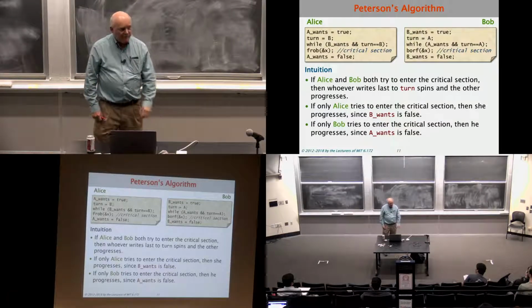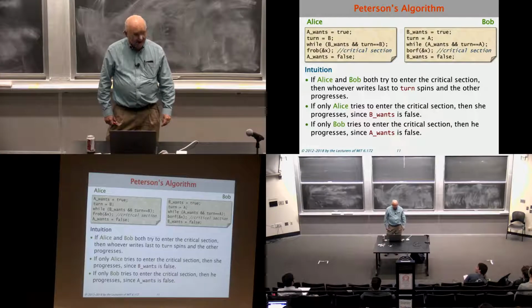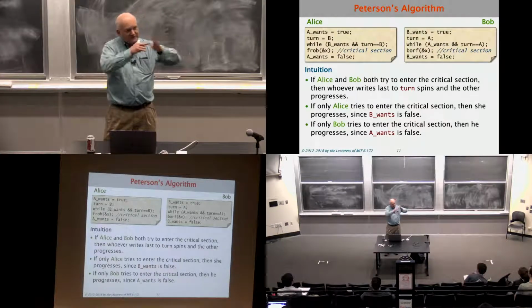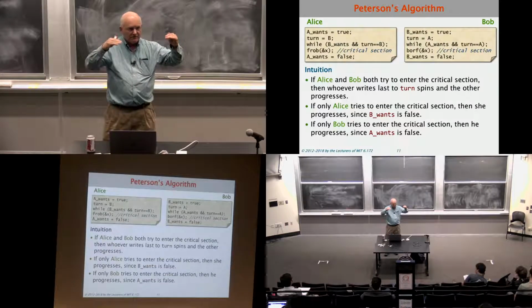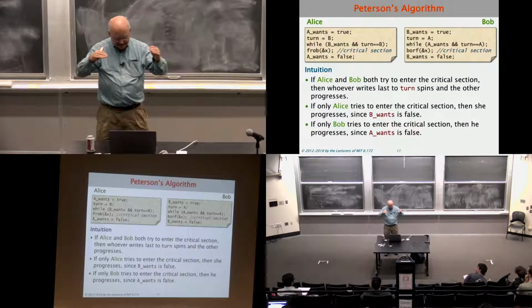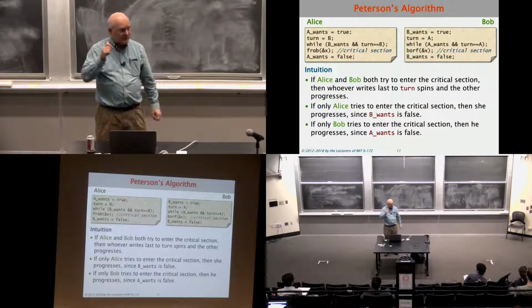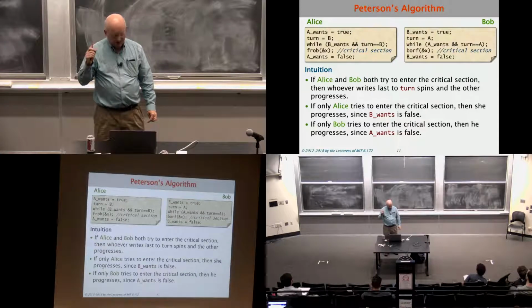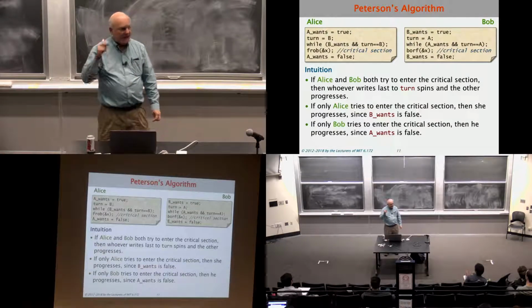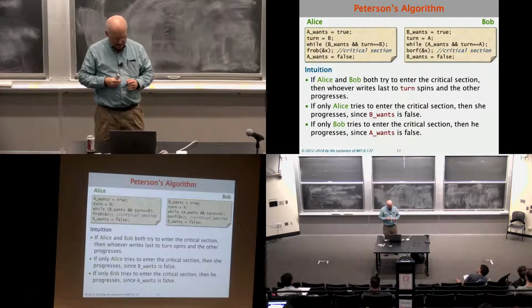Suppose Alice and Bob both try to enter the critical section. Then whoever is going to write, and we have sequential consistency, so we can talk about who did things in what order. So whoever wrote last, the last one to write the value to the variable turn, that one can't go, that one's not going to enter, okay?